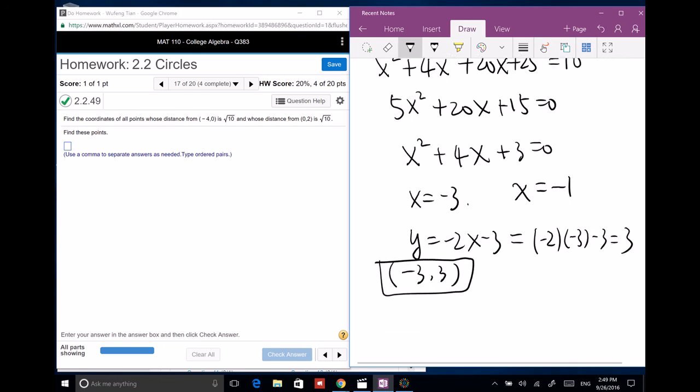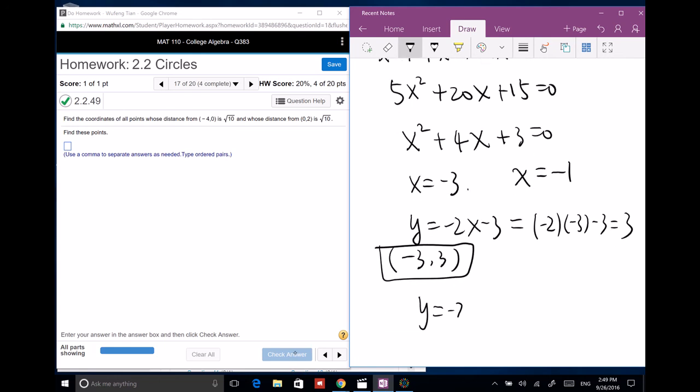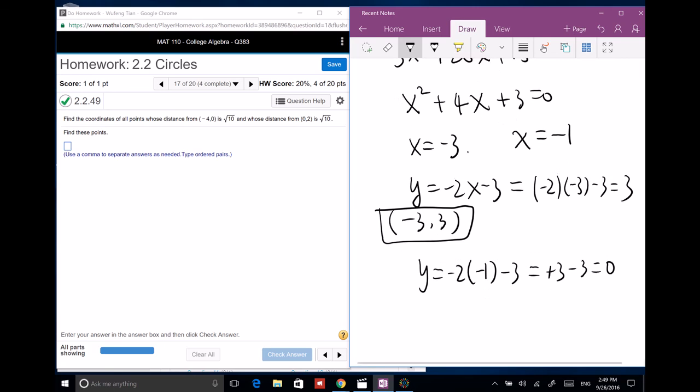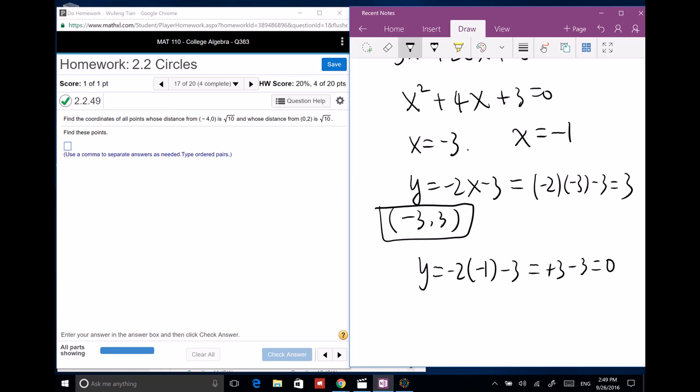Second point, y equals negative 2 times negative 1 minus 3, which is positive 2 minus 3. I hope I'm doing right. Oh no, wait, it's positive 2, my bad. It's negative 1. So it's going to be negative 1, negative 1.